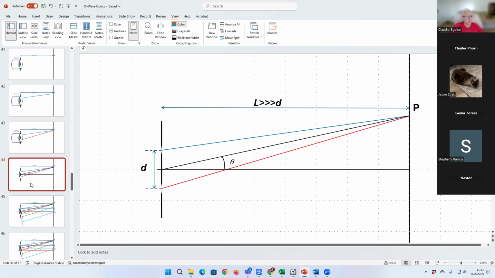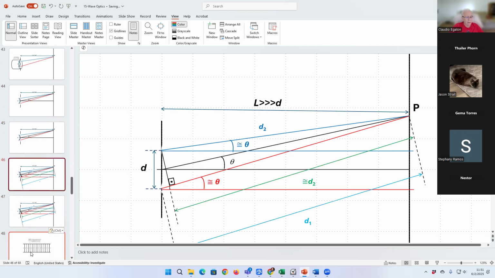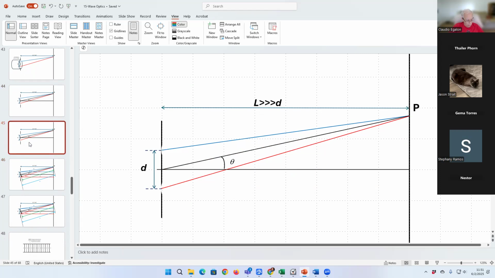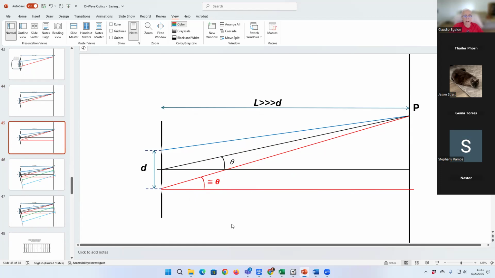We can do the same for the other two lines. We can get a horizontal line starting at the lower slit, and we take this horizontal line as a reference to measure the angle.